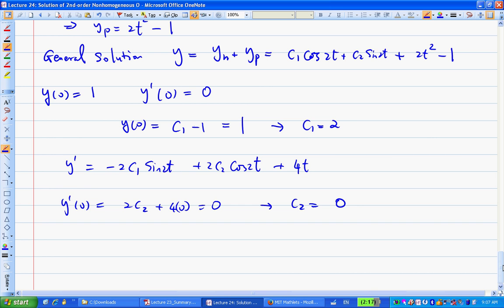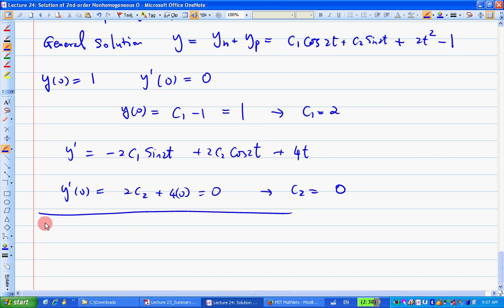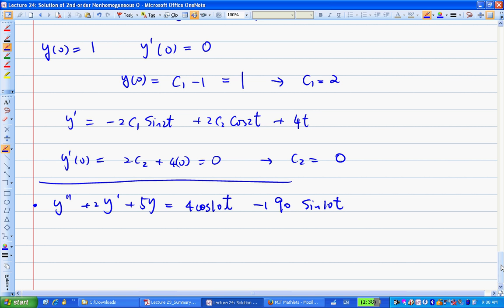All right, so let's look at one more here. I'm not going to be able to cover all the examples in the lecture notes, and I hope you're going to look them over and see some more examples there, right? So this is a second order differential equation.